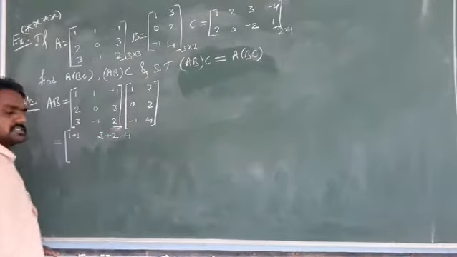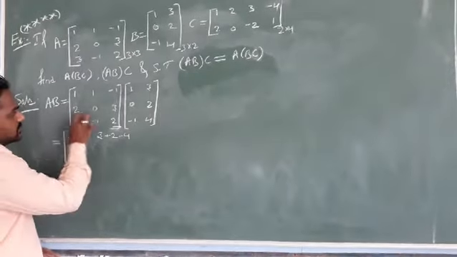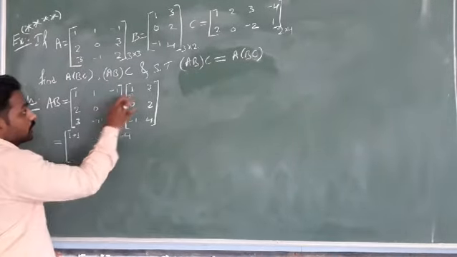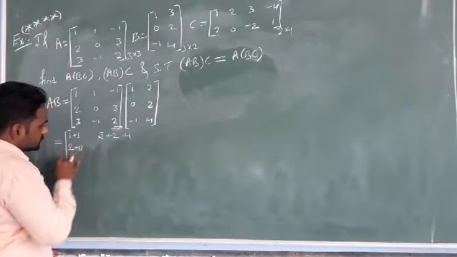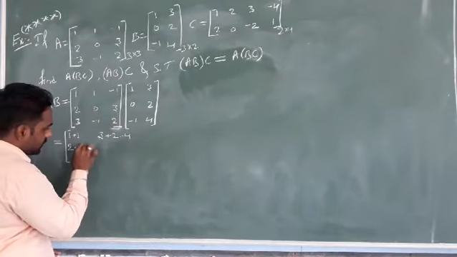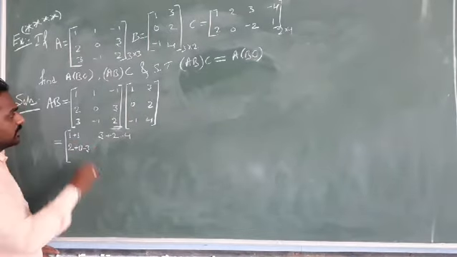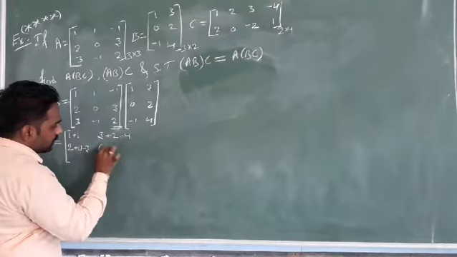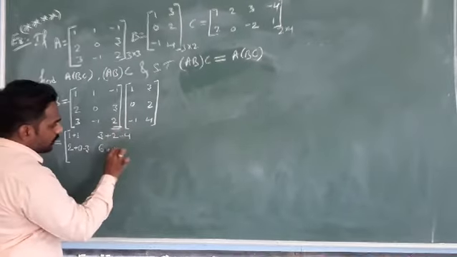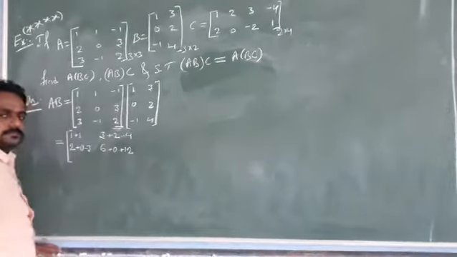The first row elements are over. Next, second row, first column, 2 into 1, this is 2, 0 into 0, that is plus 0, 3 into minus 1, that is minus 3. Next, 2 into 3, 6, 0 into 2, that is plus 0, 3 into 4, plus 12.